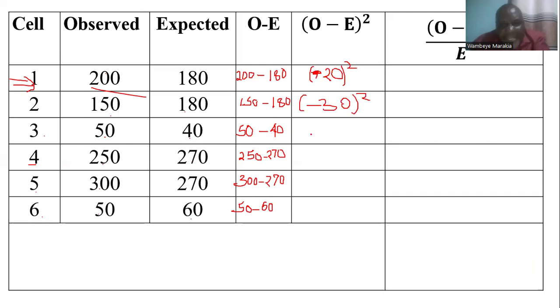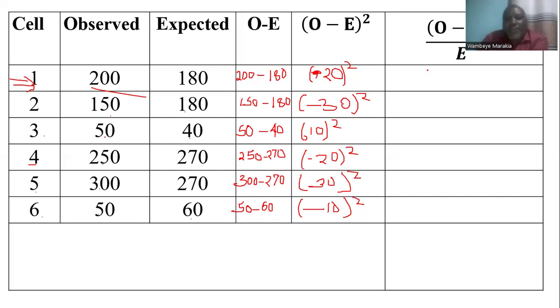This one will be 10 squared. This one will be negative 20 squared. This one will be 30 squared, and this one will be negative 10 squared. So really the first one, 200 minus 180, is 20 squared, not negative 20 squared.